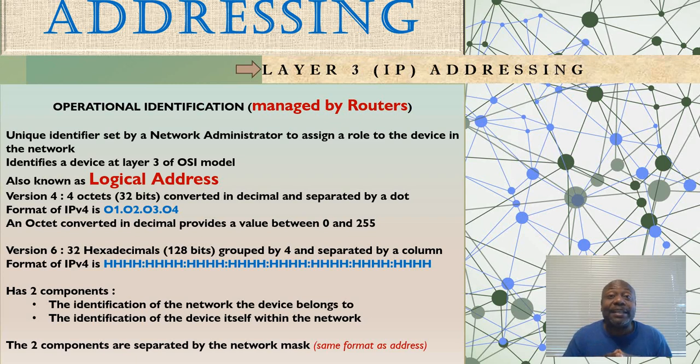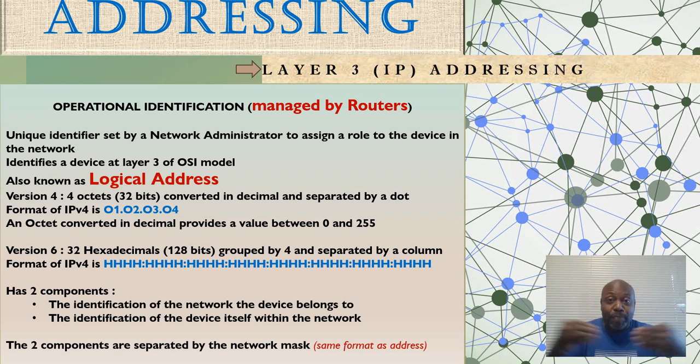The IP address is going to follow the same philosophy, where we have a part of that address identifying the network of which the device is a member, and the other part identifying the device within that network. And the separation here is going to be made with the network mask, which is going to identify which of those bits are to be considered for the network, and which bits are going to be considered for the device.